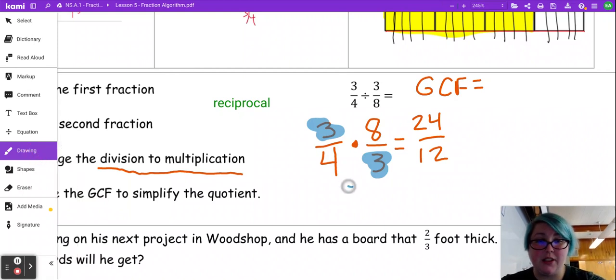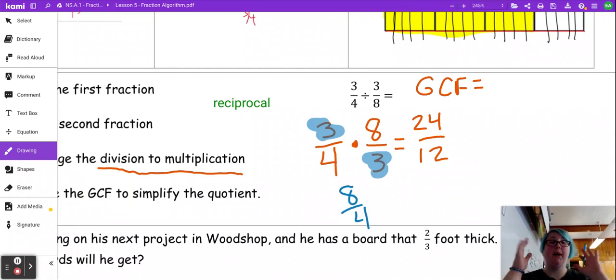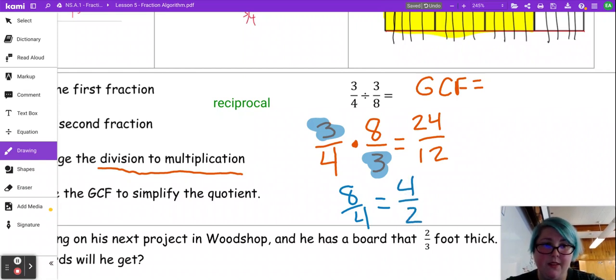So you could actually notice that this is the same as 8 times 4. But wait, there's more. You could also know that 2 is a factor of 8 and 4. So that actually becomes 4 over 2 or 2.